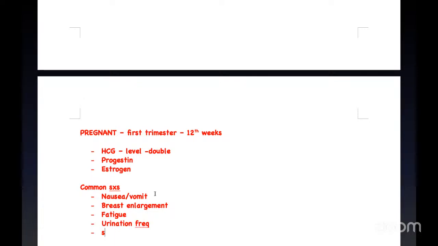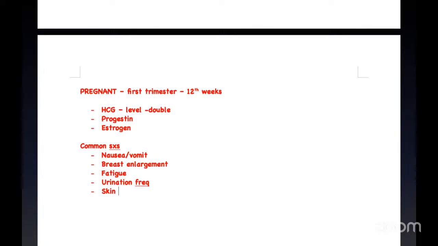You're going to see some skin changes in this lady, right? Skin changes as she comes in. What else do you think? There are certain changes that will occur. In the cardiovascular system, you have to know some of these things. What is going to happen? The blood volume is going to increase.